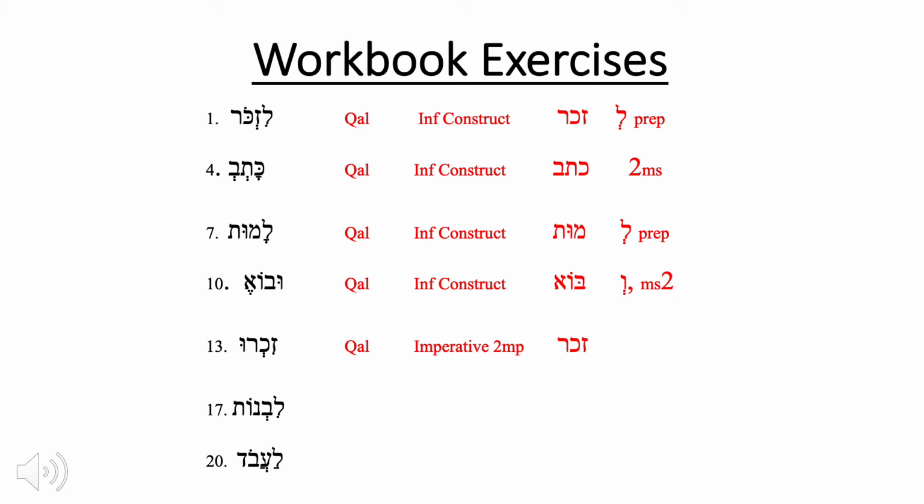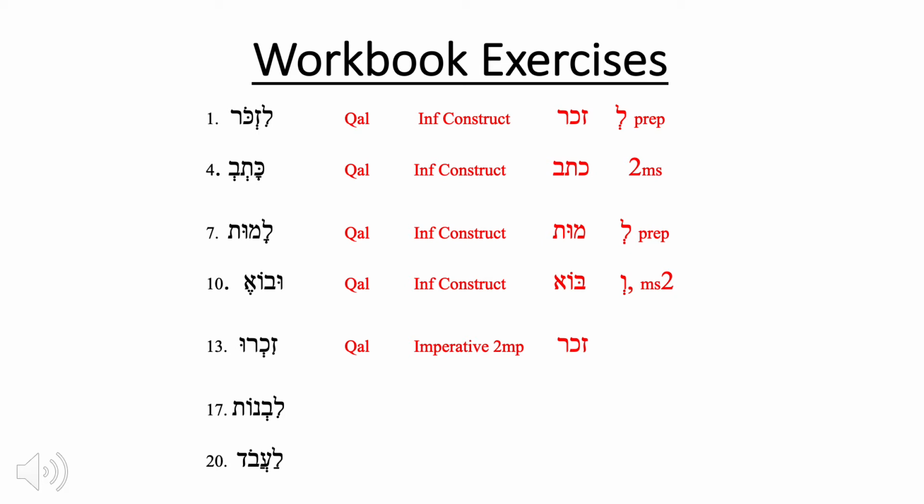We then have the shureq that is left at the end to indicate the 2mp. If the shureq at the end was supposed to be a third person plural in order to serve as a pronoun, then we would have this be zikhoru. But instead we have zikhru, which is the imperative form. Again, Van Pelt is simply being tricky here, making sure you're paying attention.